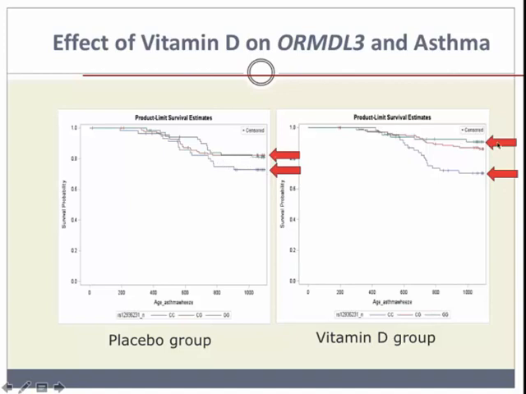So what it looks like is when you have individuals who don't have the risk allele, vitamin D is able to operate through this pathway and increase the pathway and prevent asthma. But if you have 2 copies of the risk allele, you're sort of doomed, and it doesn't matter how much vitamin D you get, you're probably going to get asthma. Now, I will put the caveat here is maybe if we tripled the dose, maybe actually that risk group would also decrease, but we don't know that yet.